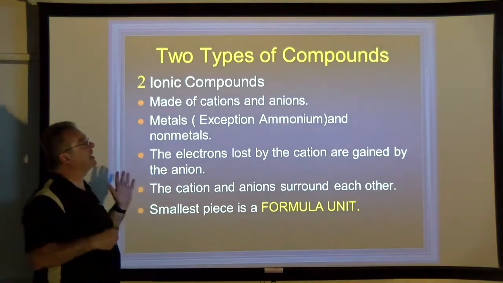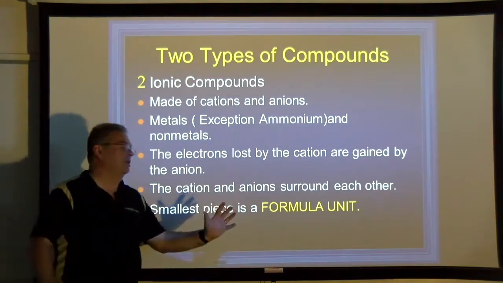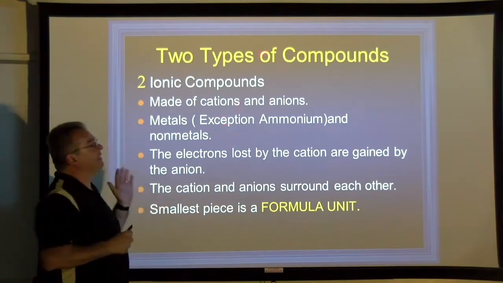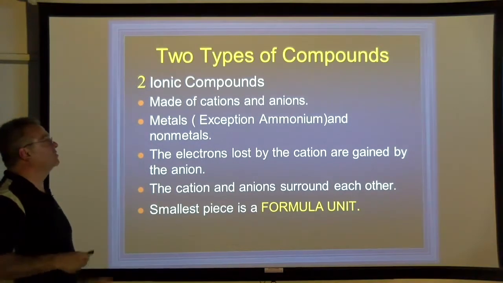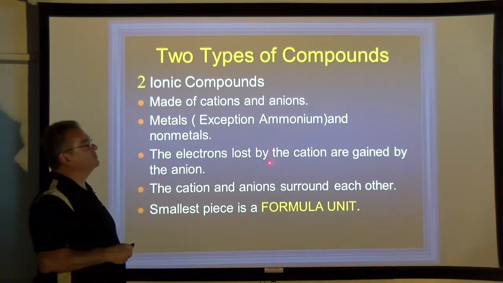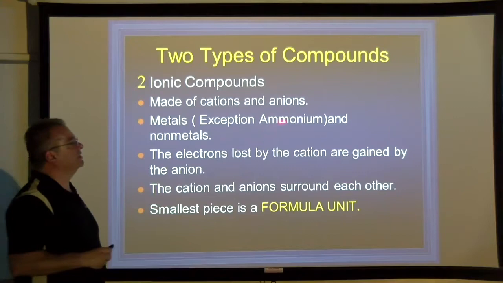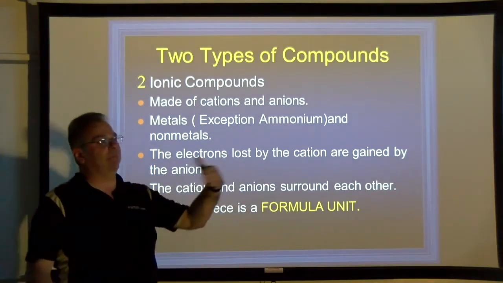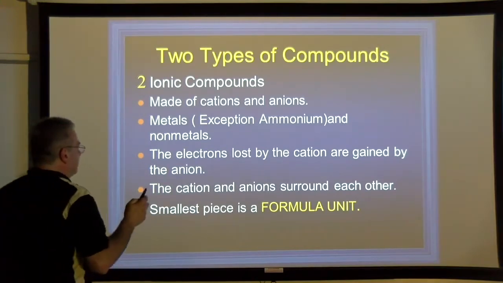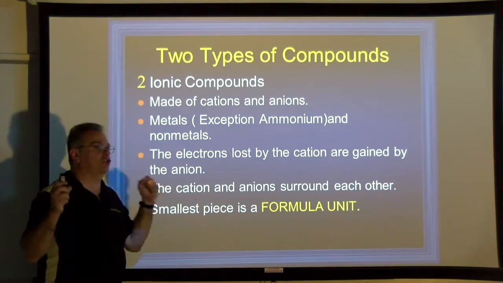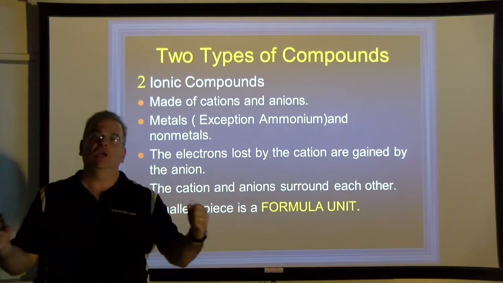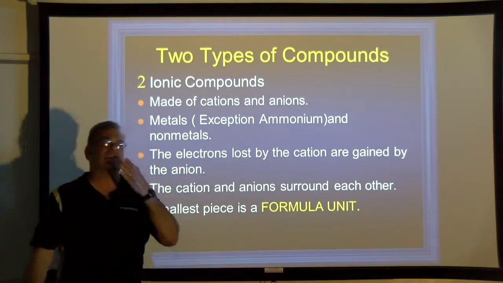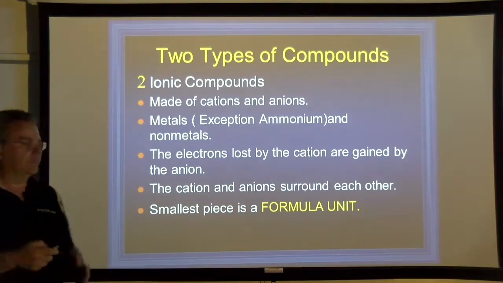But typically ionic compounds have a metal ion with a non-metal ion, the cation and the anion bound together by their charges. The only exception to the rule about metal and non-metal is the ammonium ion. The electrons lost by the cation are gained by the anion, and the difference in charge, the electrostatic Coulombic force, is what keeps those ions together. It turns out to be the strongest kind of bond you can have.